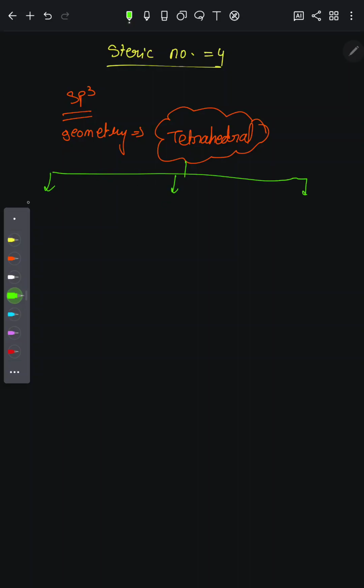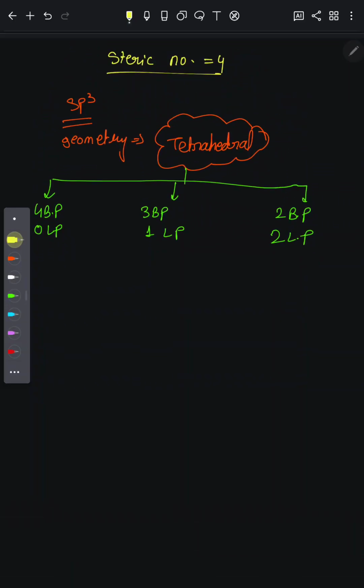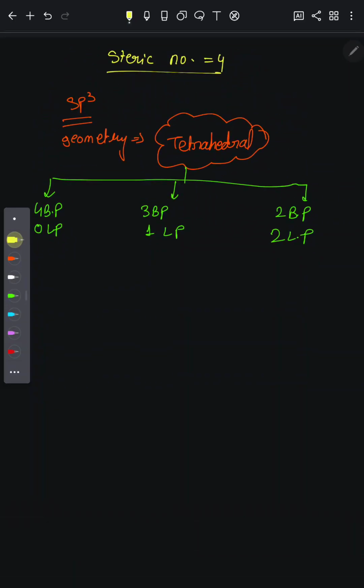What will be these? 4 bond pairs and 0 lone pairs, 3 bond pairs plus 1 lone pair, and 2 bond pairs and 2 lone pairs. So as you can see, one molecule is here, 1, 2, 3 and 4.